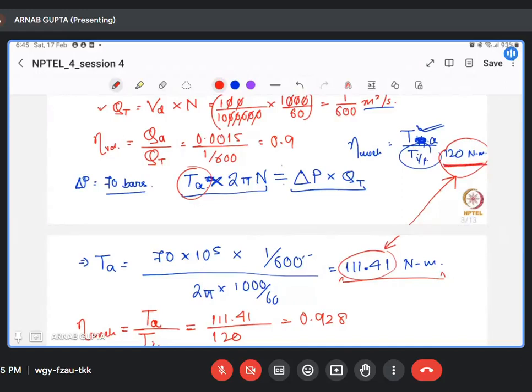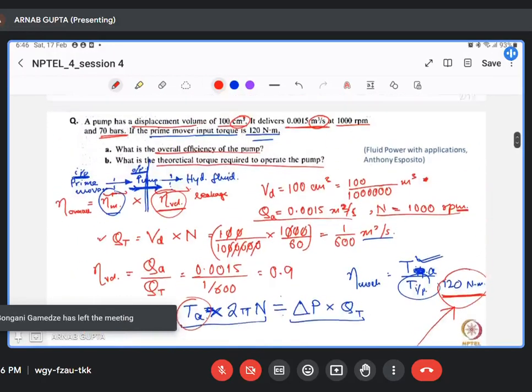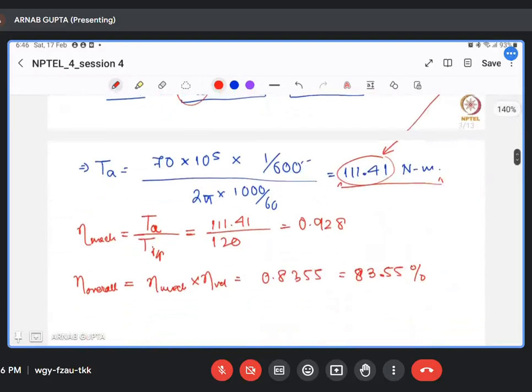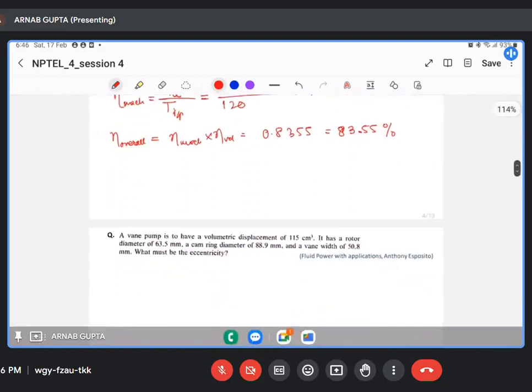Okay? 120 Newton meter that is consumed, and available torque is 111.41 Newton meter. And from there, you will be getting your overall efficiency.